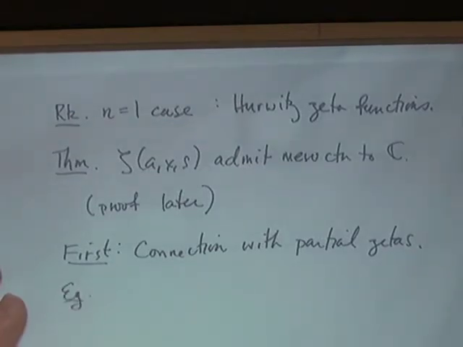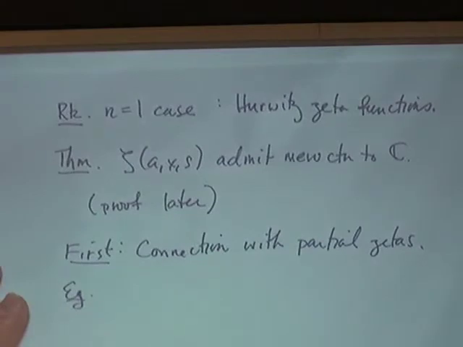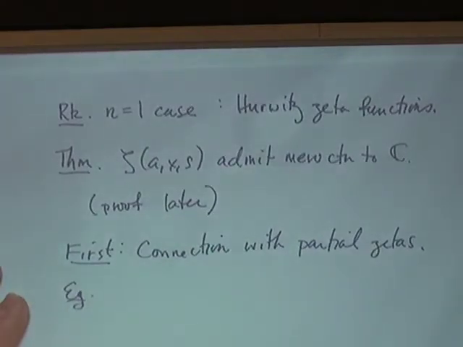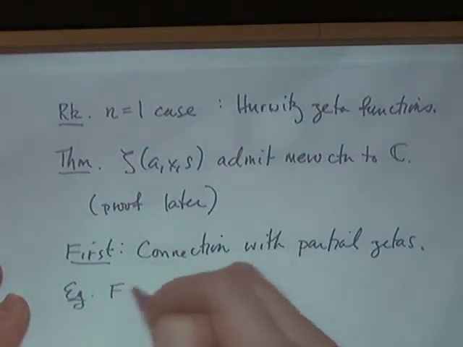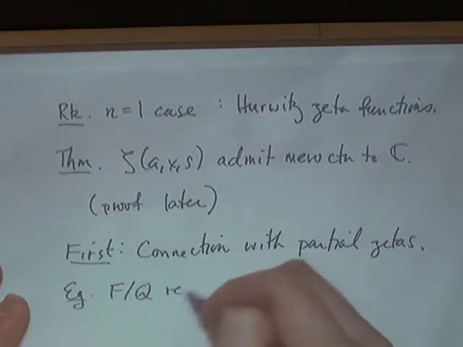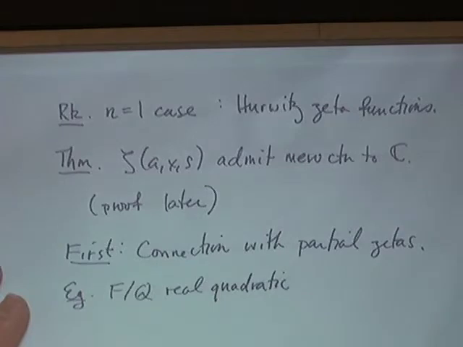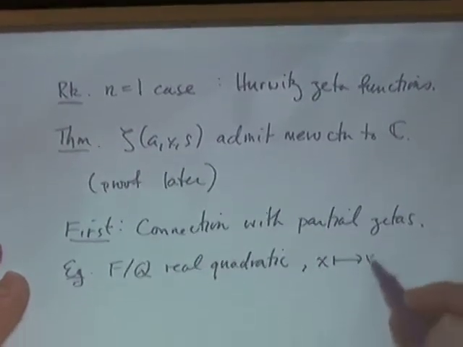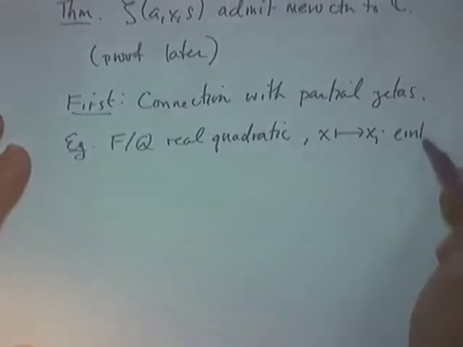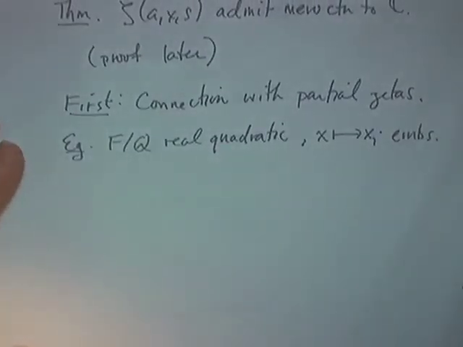And hopefully it'll be fairly evident from there what the connection is for arbitrary number fields. So let's suppose that F over Q now is a real quadratic field, and with embeddings, x mapping to x_i. So I'll just denote the embeddings by subscripts.